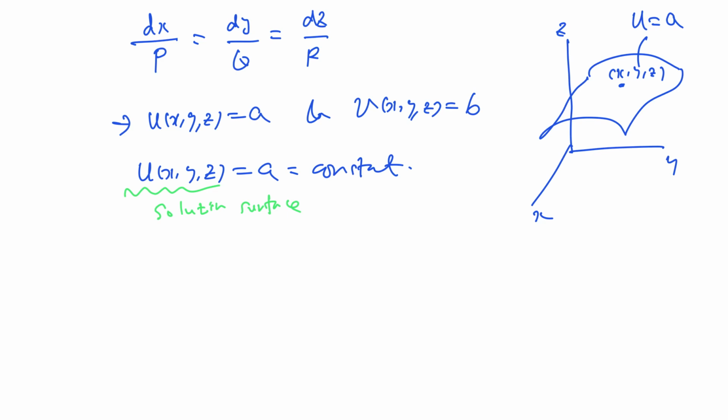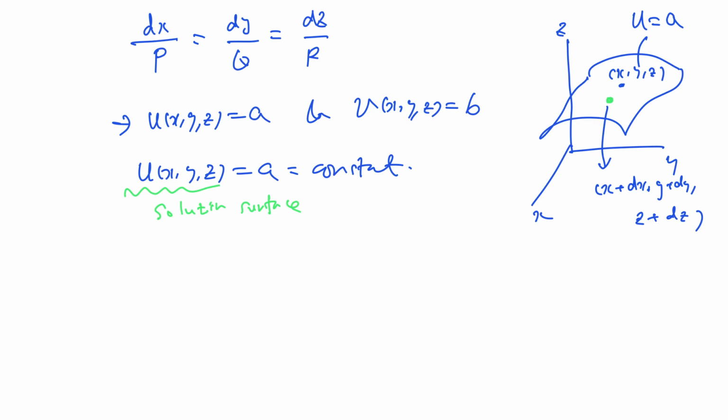So on this surface, we can choose another point. Right? So this is a surface that u is constant. Then at this point, u(x, y, z) is a, right?